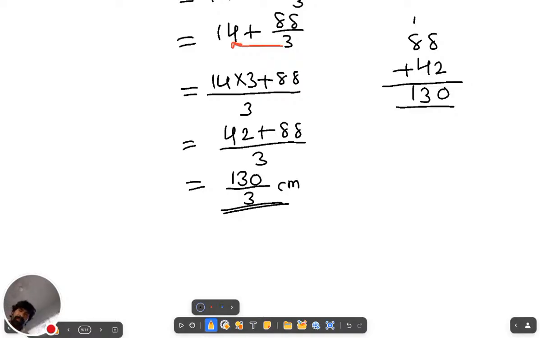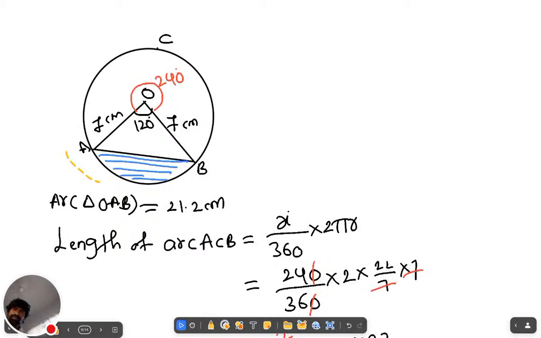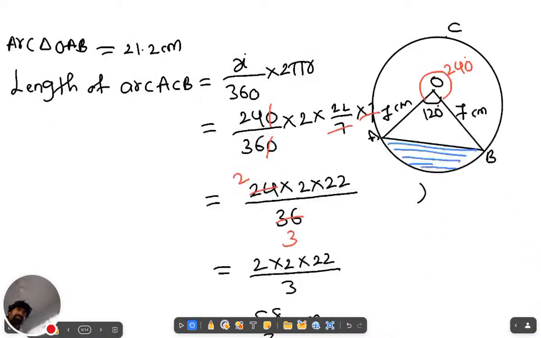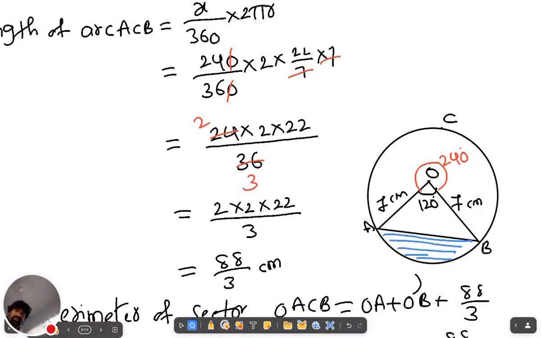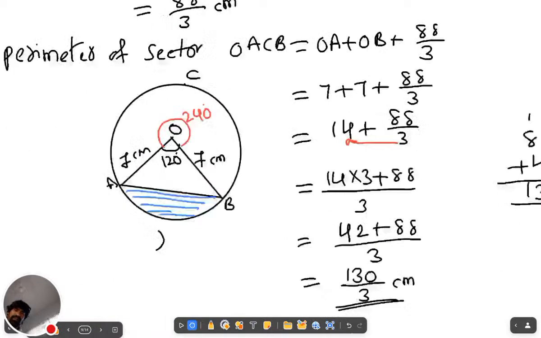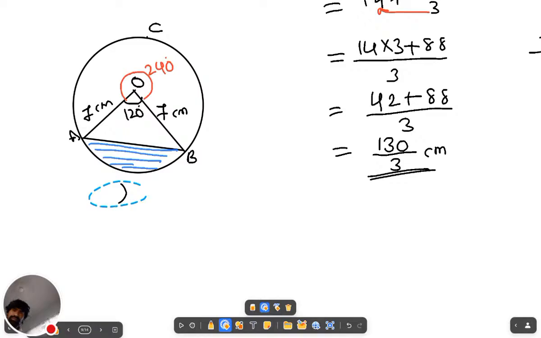Now we need to find the area of the shaded region, right? The area of the shaded region will be equal to the area of sector OAB minus the area of the triangle, right?